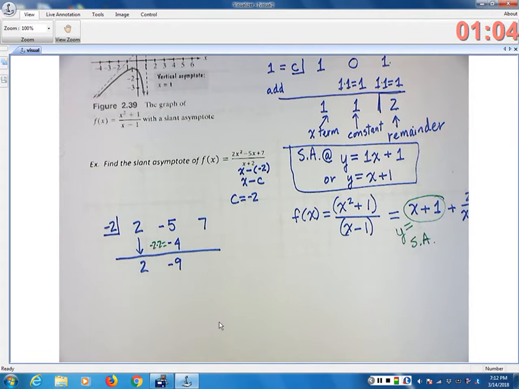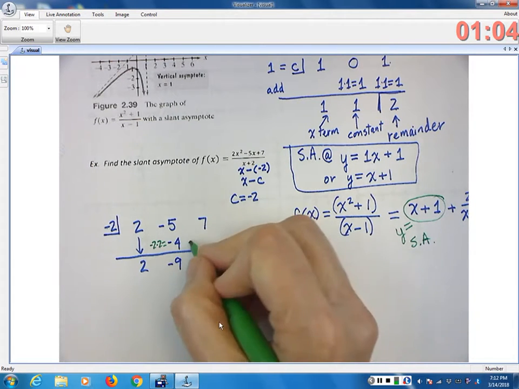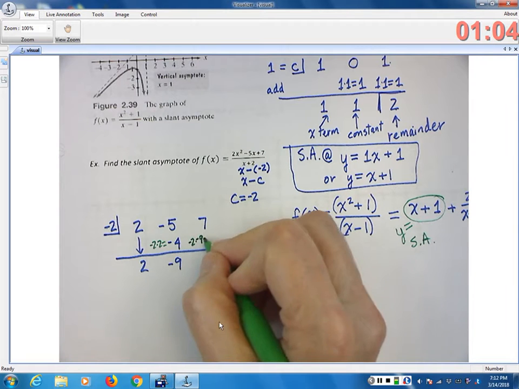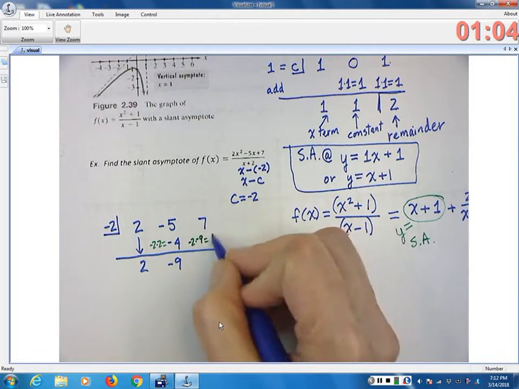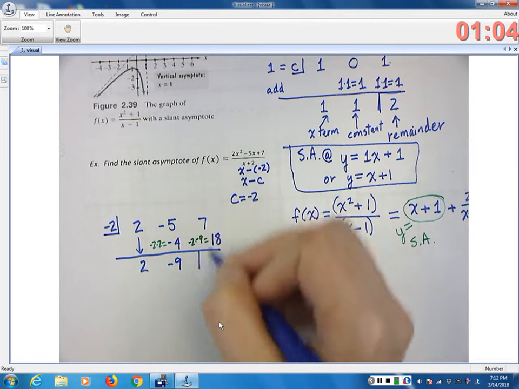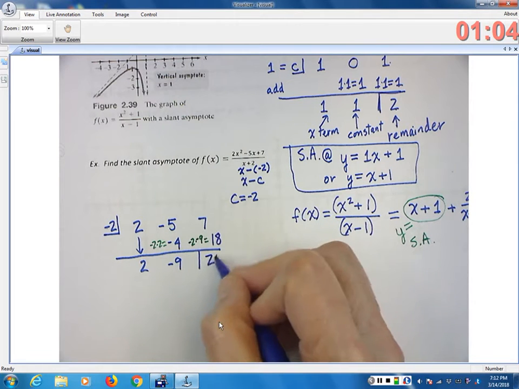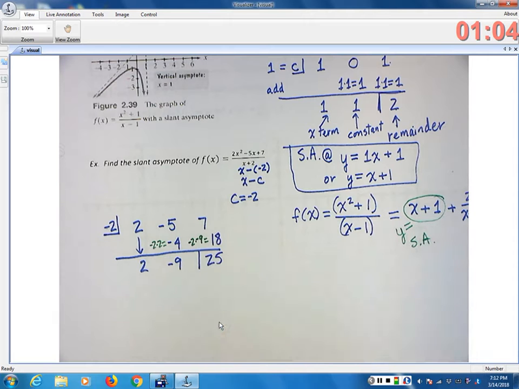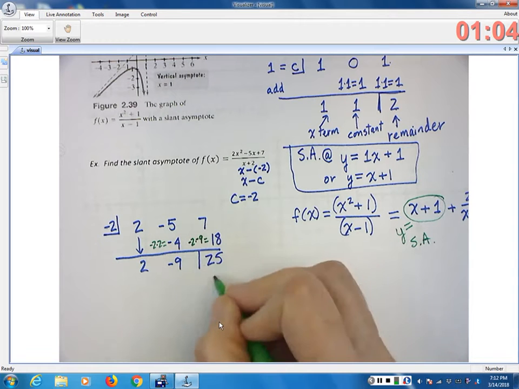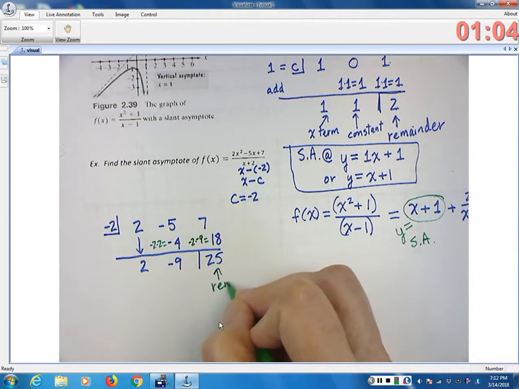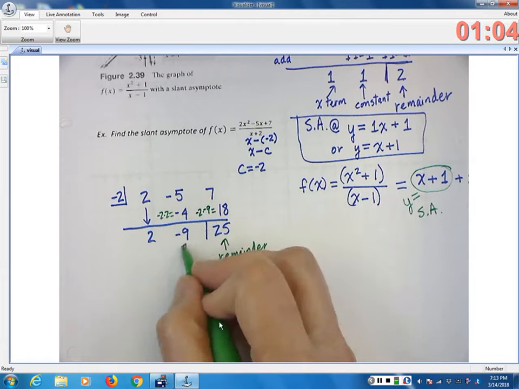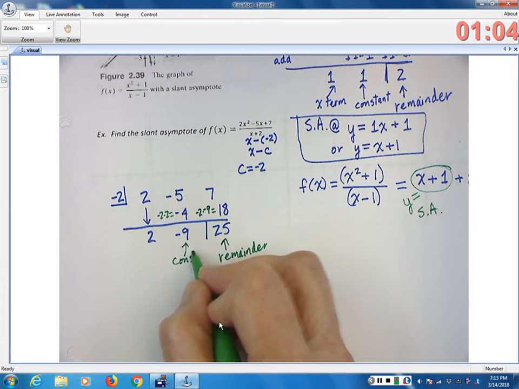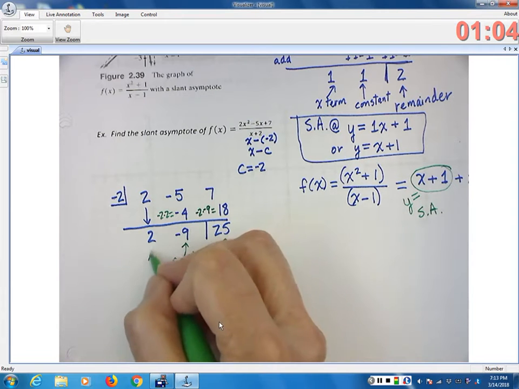Then we do negative 2 times negative 9 is positive 18. And then we add 7 plus 18 is 25. This is our remainder. This is our constant term. This is our x term.